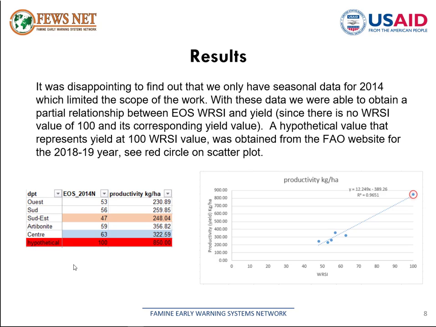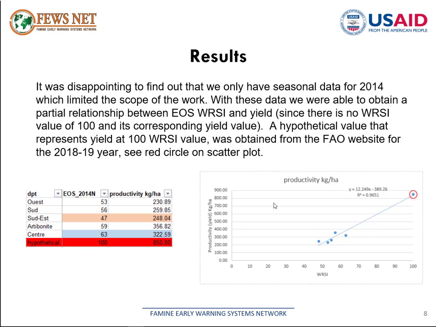So what we did is put in this hypothetical value that Harry found on the FAO website. Then we are saying that if WRSI is 100, the productivity would be around this value. That would help us complete the spread of the WRSI values. So far we have these values right here.